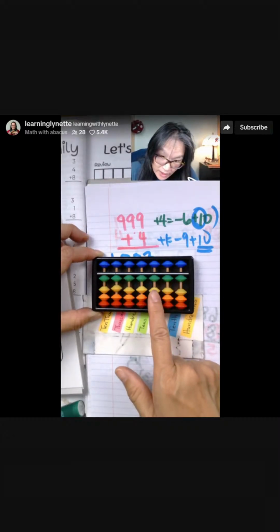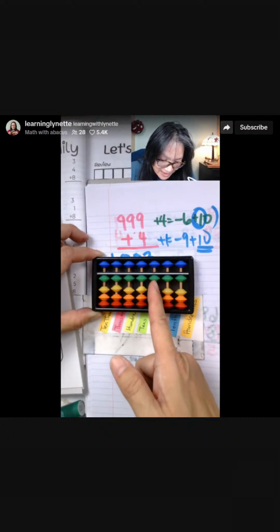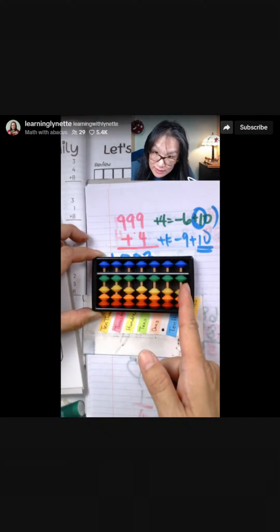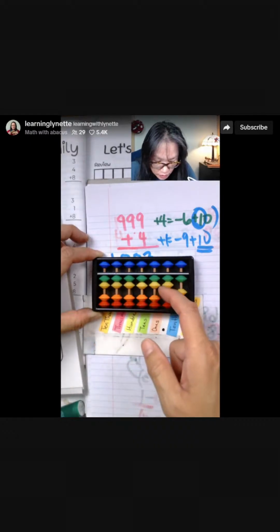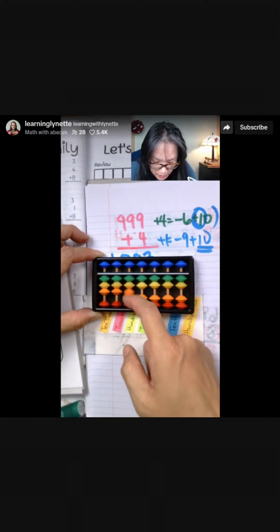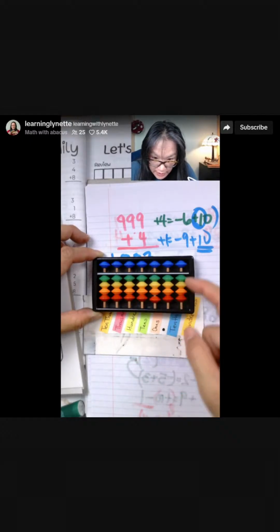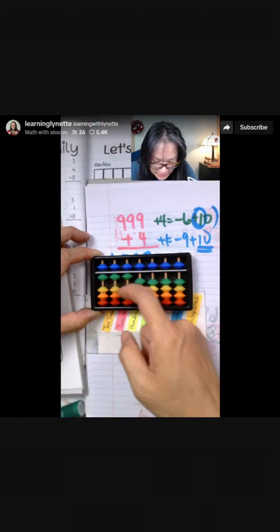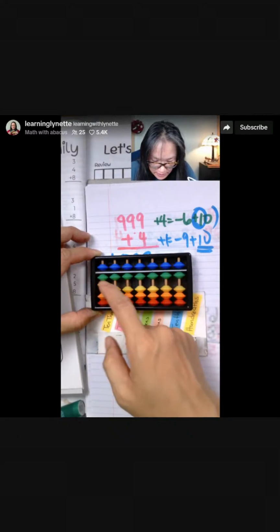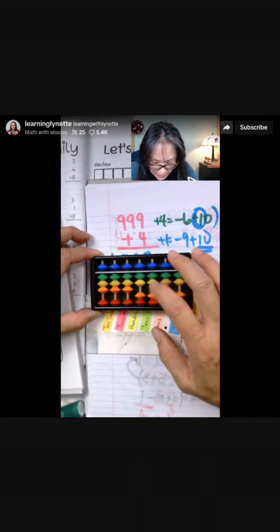My decimal sits right between the tenths and the hundredths. Then we do 2s, 3s, 4s, 5s, 6s, 7s, 8s, and 9s.